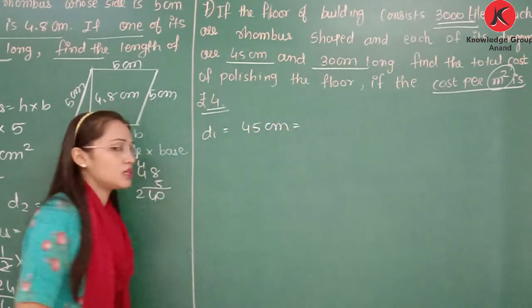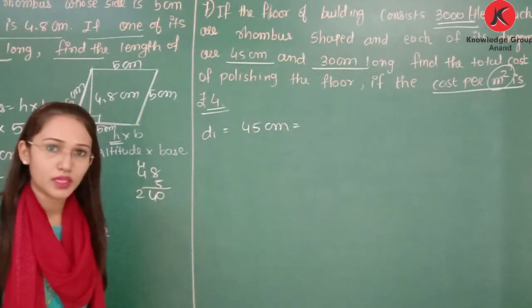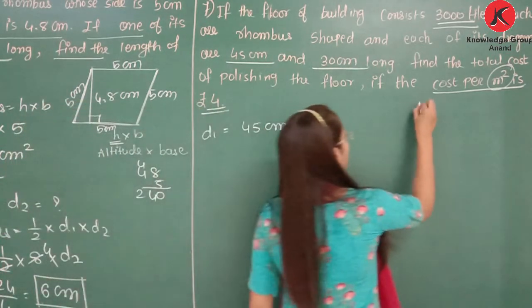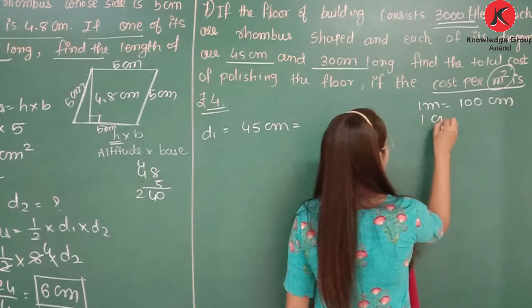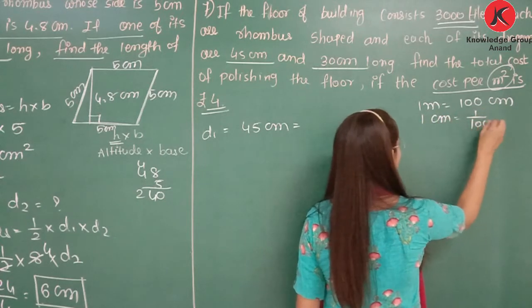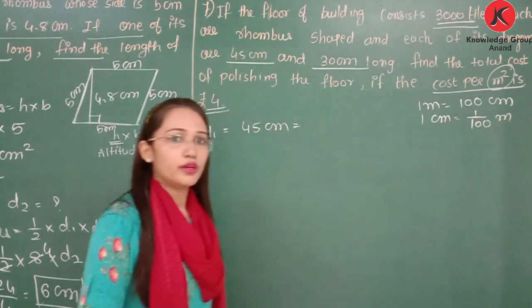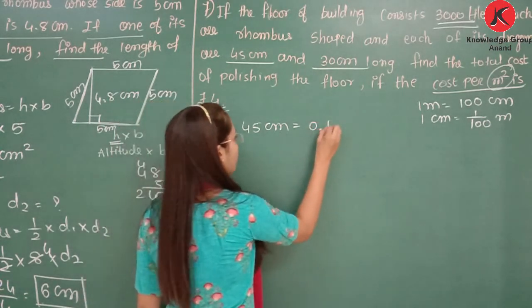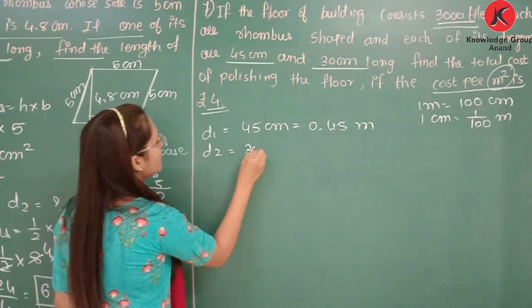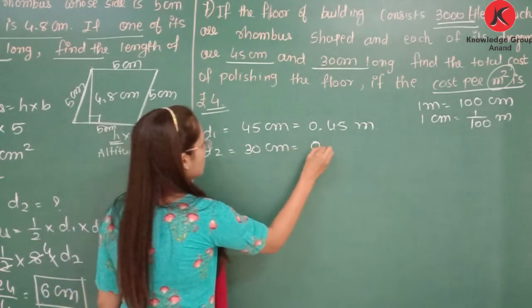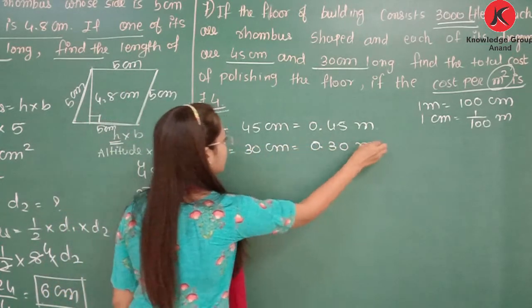Now 1 centimeter is equal to 0.01 meter. Why? Because 1 meter is equal to 100 centimeter. So 1 centimeter is equal to 1 by 100 meter. That we already learned in the 6th standard. So it is 0.45 meter. Now diagonal 2 is 30 centimeter. So it is 0.30 meter.